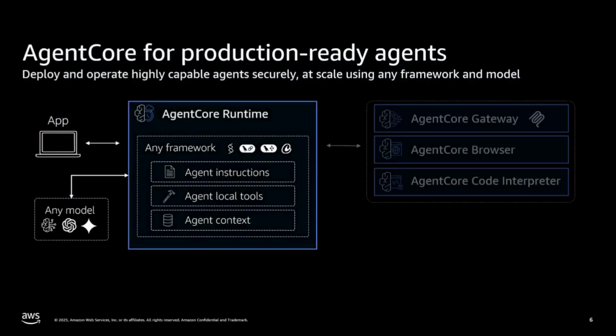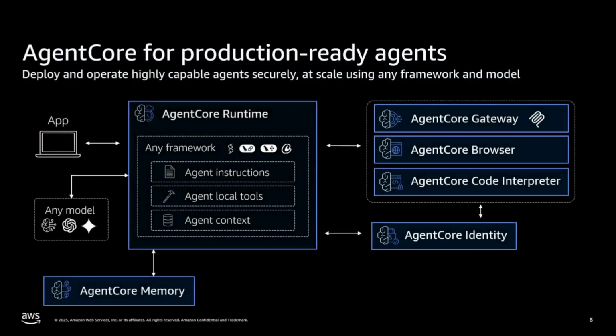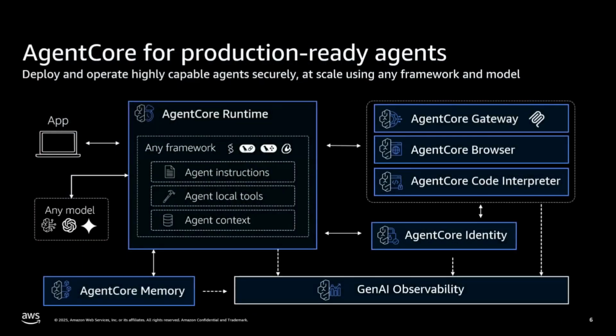If we put this together, where do all of these fit in from your application perspective? AgentCore Runtime will allow you to use any framework: Strands, LangGraph, CrewAI, etc. It's going to manage all those agent instructions, local tools, and context. You'll be able to use any model of your choice and run this behind the runtime infrastructure.